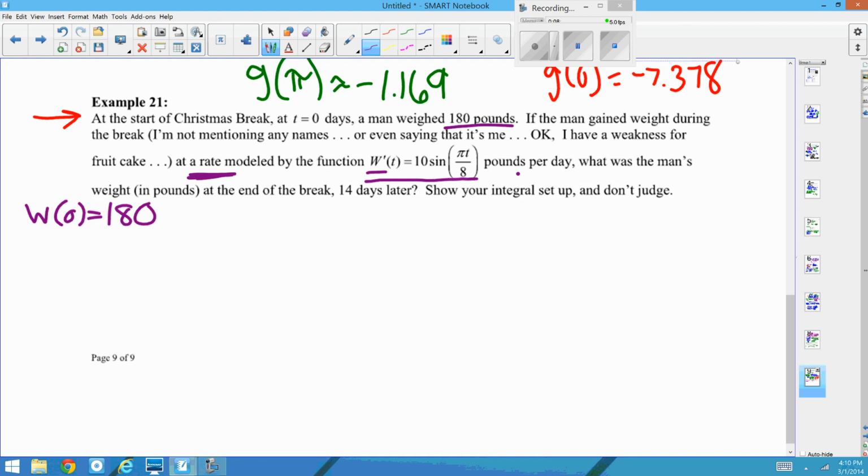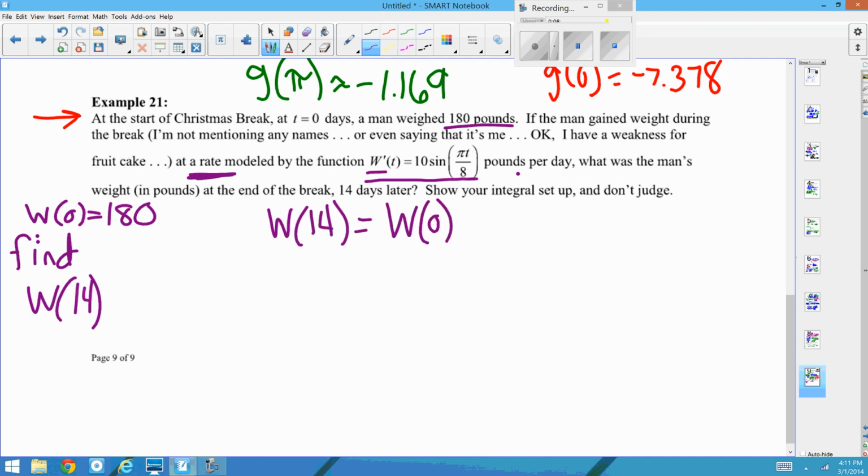What was the weight? So we're trying to find his weight at the end of the break. So this is going to be simple. W of 14 equals W of 0 plus whatever he has accumulated over those 14 days or 2 weeks, of W prime of t dt.